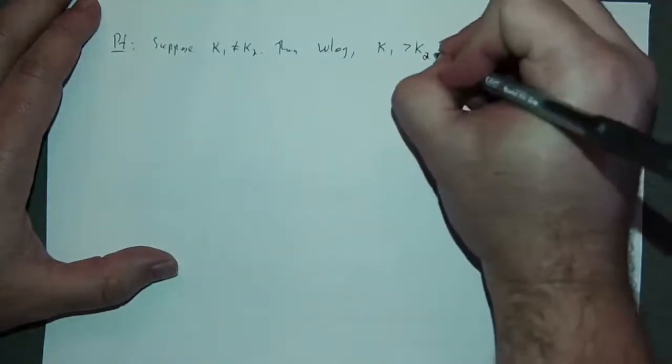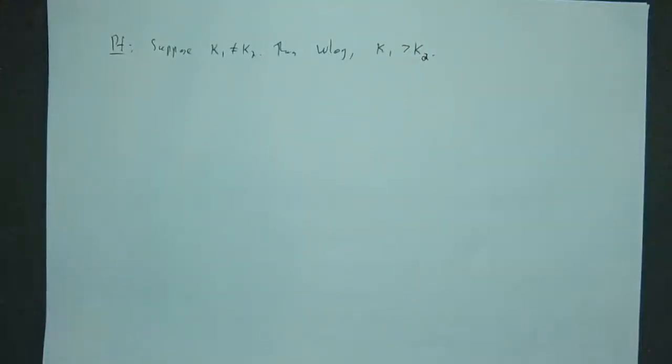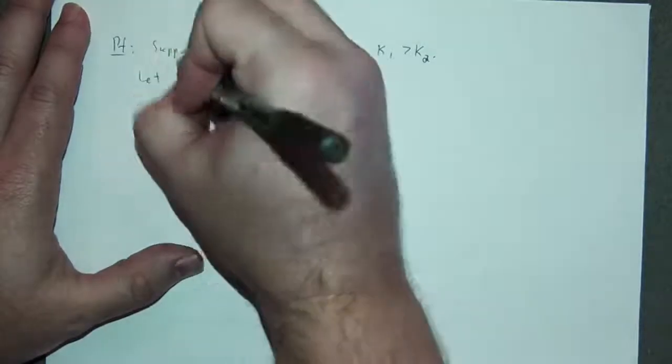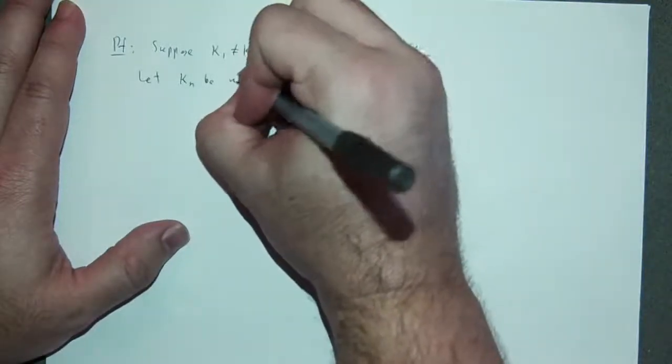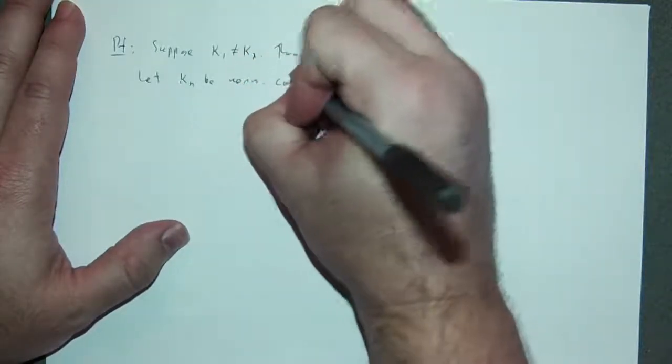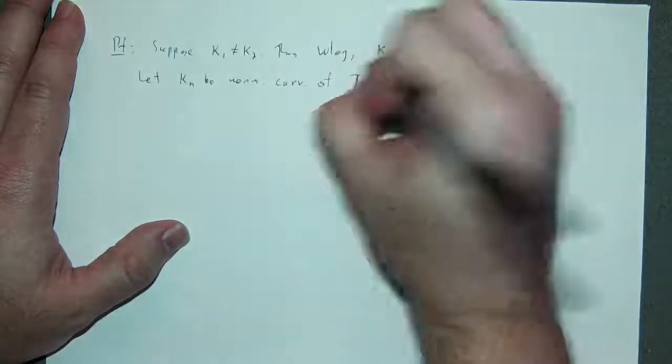Okay, we don't have to do that, but we can. So let's assume that that's the case we're in. All right, let kappa sub n be the normal curvature of some gamma on S.